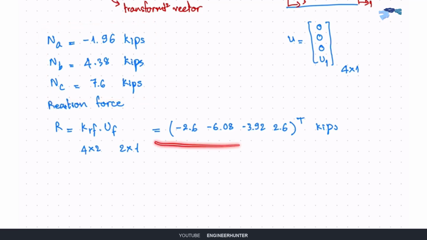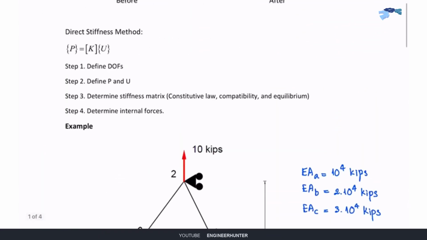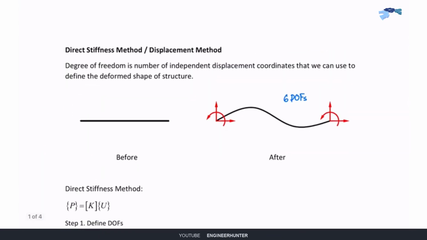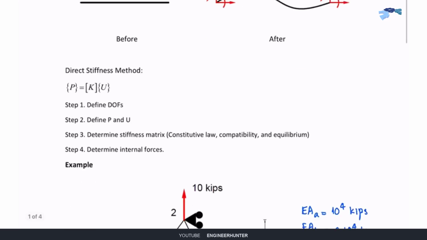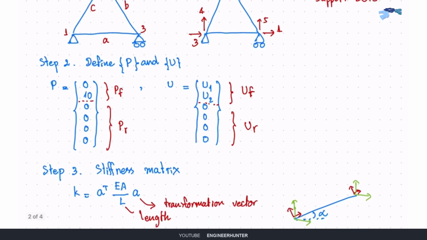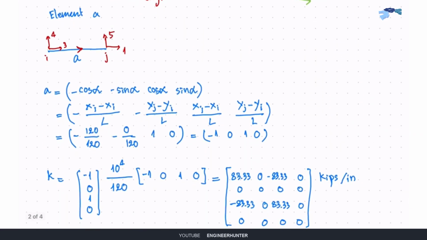So this is how you can use the direct stiffness method or displacement method to find the internal force of the truss element. And remember that you can write a small program by using this method, and you can find the internal force easy and fast.